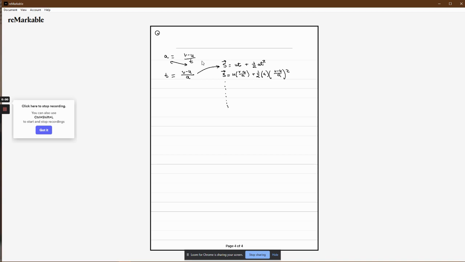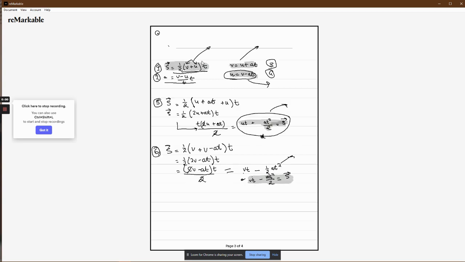Eventually, I'm not bothered to do this, but eventually you're going to get v squared minus u squared is equal to 2 multiplied by the acceleration multiplied by the displacement. Okay, and you can just chuck this on the other side to get v squared is equal to u squared plus 2as.